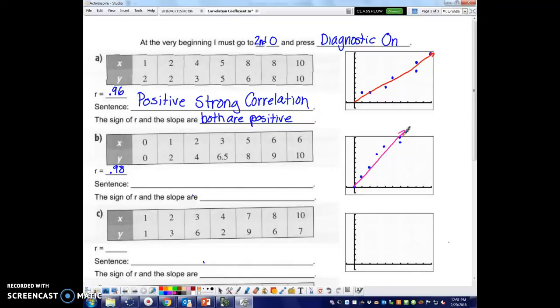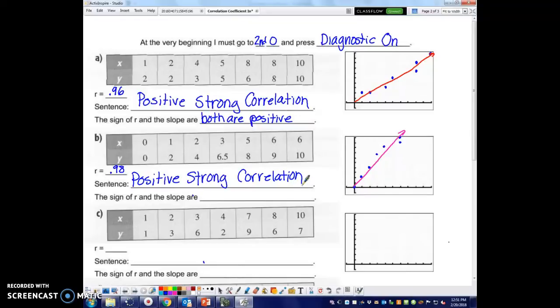Okay, so we've done 1, 2, and 3. For each graph, write a sentence. So, what is this? Is it positive or negative? It's positive. Is it a strong or weak correlation? Or none at all? Well, it's 0.9. That's really close to 1, so it's strong correlation.